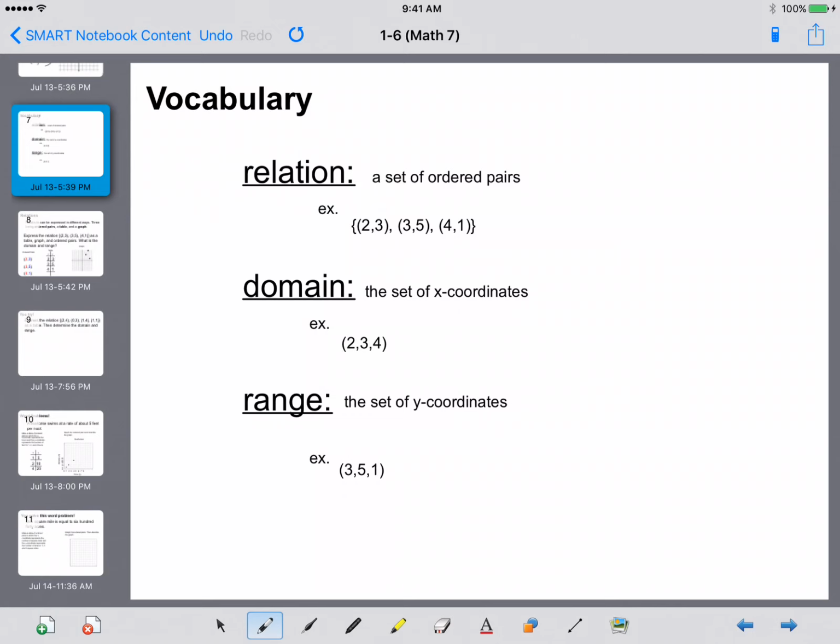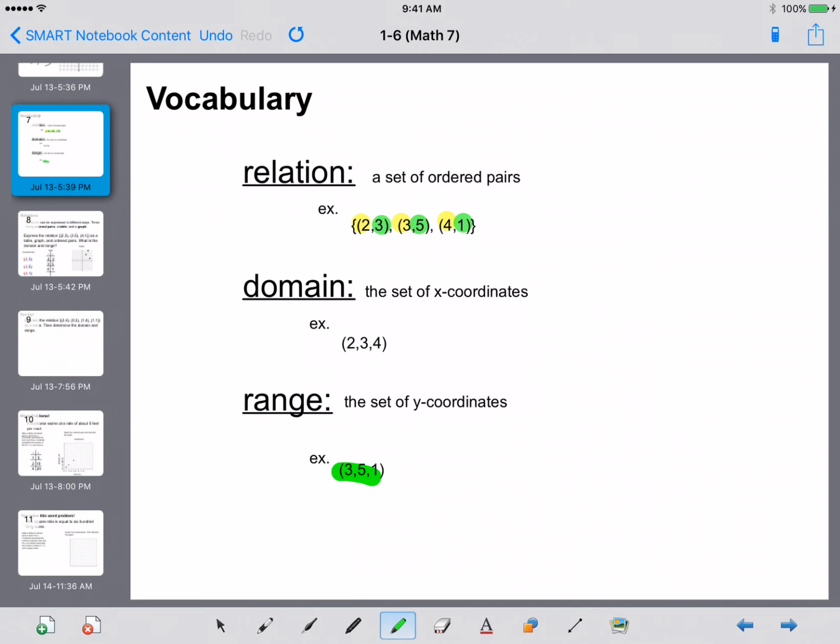Your domain is the set of x coordinates, so all of the first numbers in your ordered pairs: 2, 3, 4. That's your domain. Your range is the y coordinates, so 3, 5, 1 are your range.